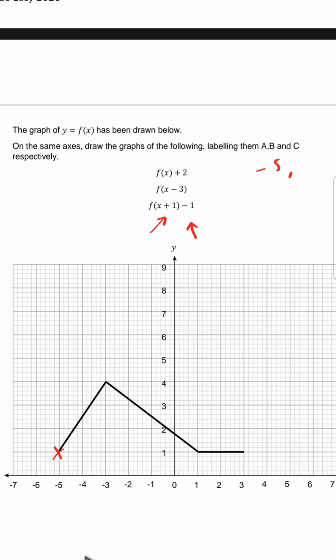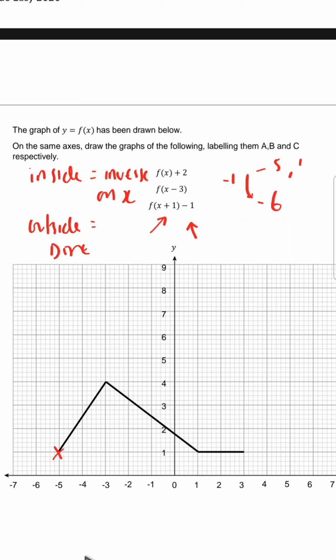So plus 1 is on the inside, so inverse on x. So the opposite of plusing 1 is minusing 1. So that's going to be minus 6. And the other one is minus 1, so it's outside, so direct on y. So that becomes 0.